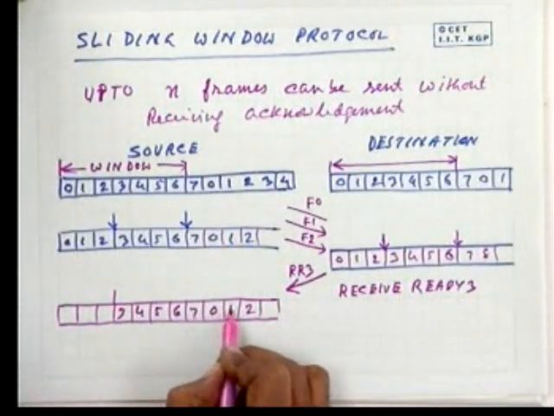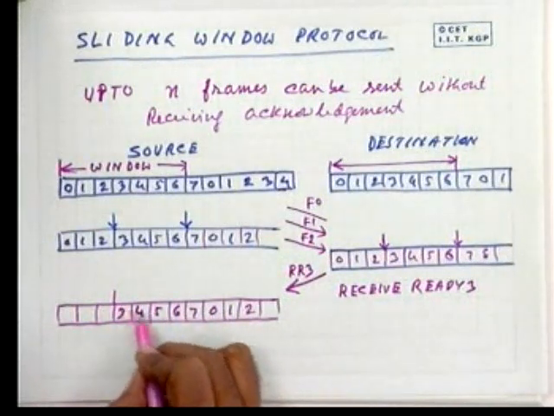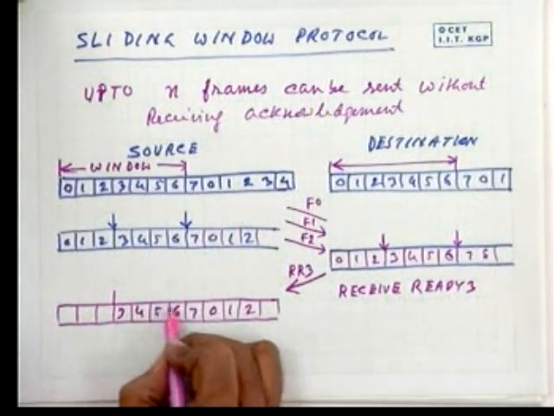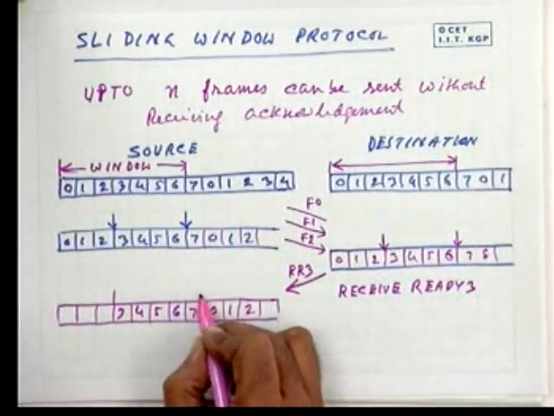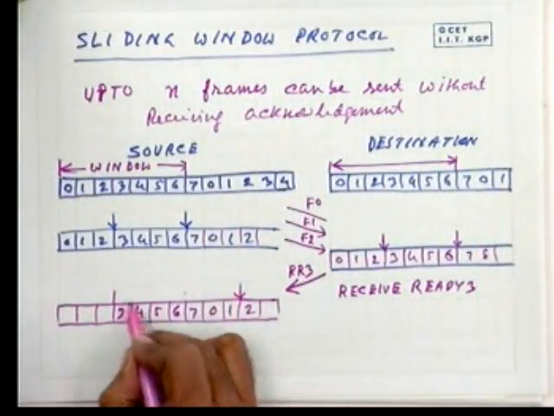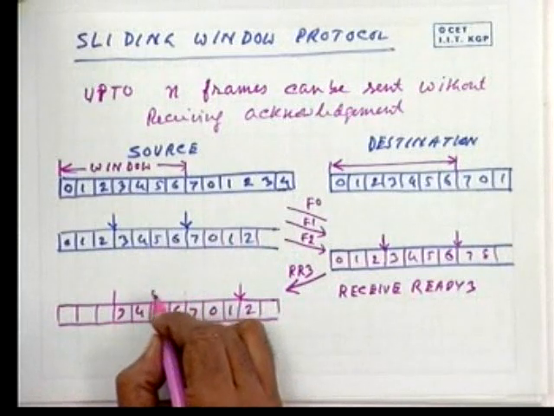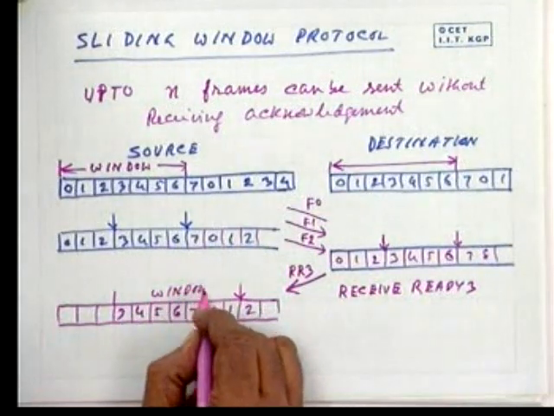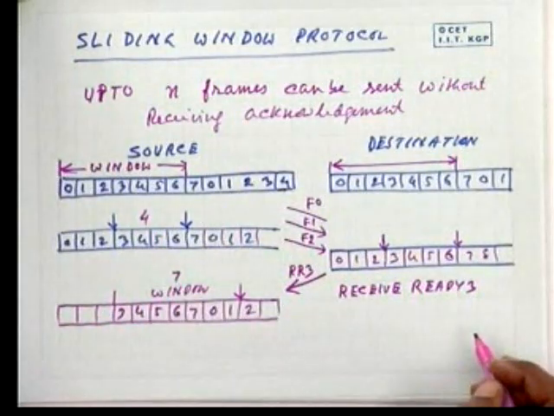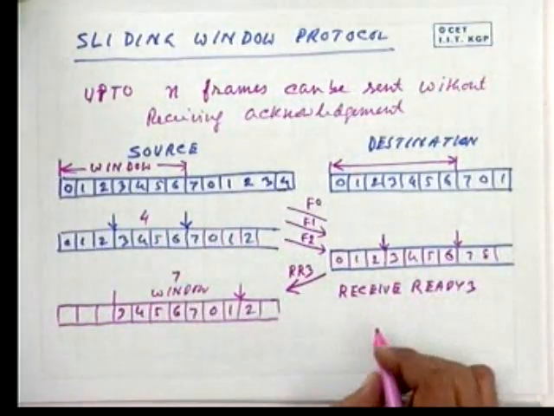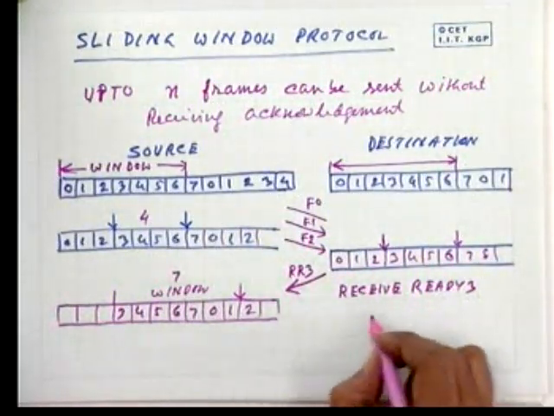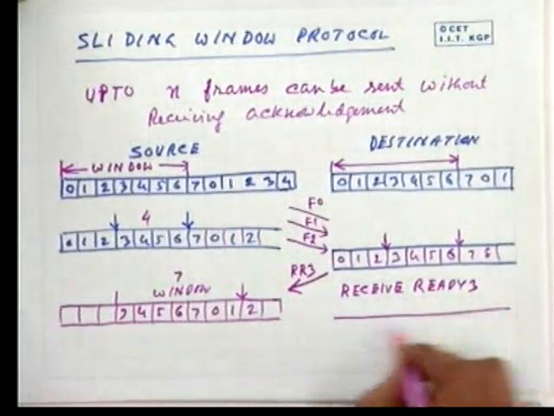It will increase the window again, as 0, 1, 2 have been received. So 3 more frames it can again send. So from 6 it will go to 7, 0 and 1. Again the window size becomes 7. So here it was 4, now it becomes again 7. On the other hand, in the receiver, after sending this acknowledgement, the window size will be enhanced.